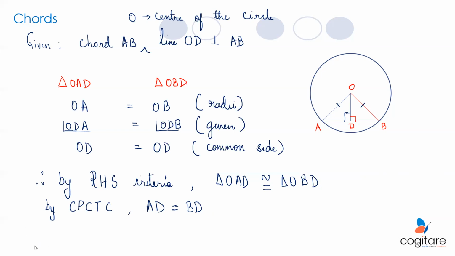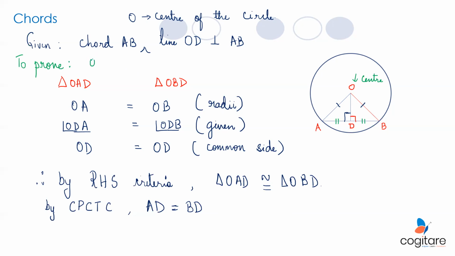What does that indicate? It indicates the fact that this particular line OD has bisected the line AB, or the chord AB, into two equal parts. Hence, guys, this theorem is all about proving the fact that a line drawn from the center of the circle, perpendicular to the chord, bisects the chord.